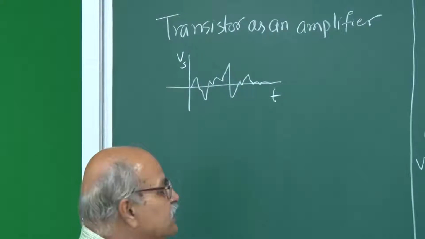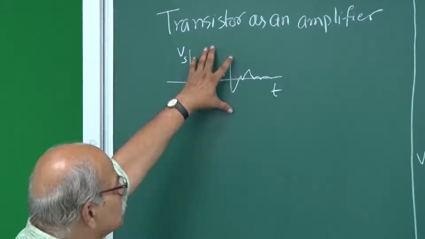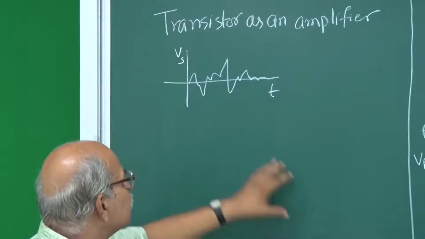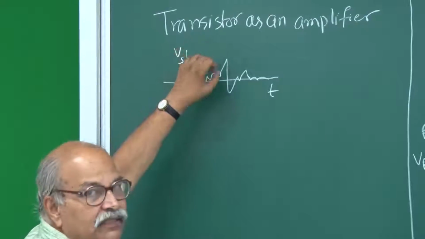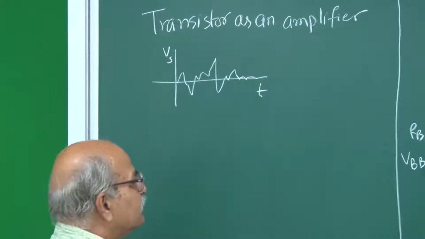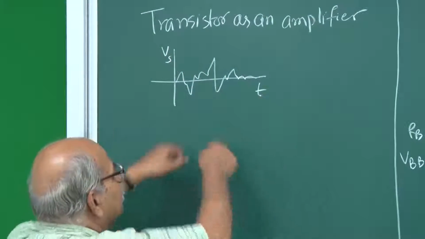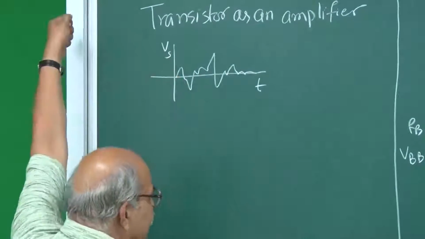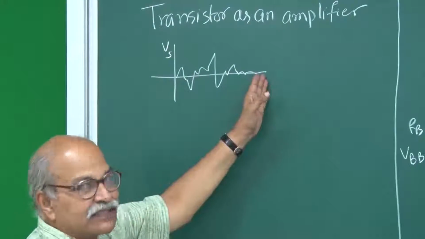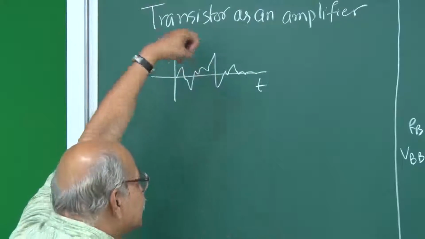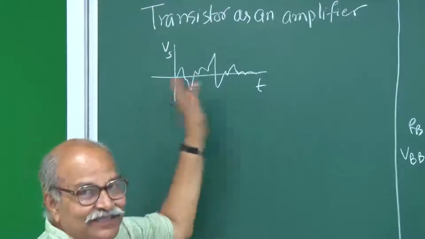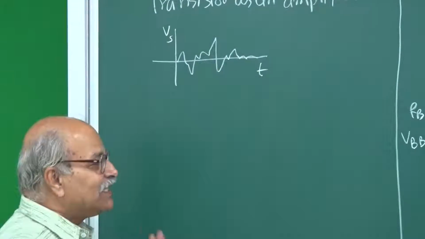And what we wish is that a similar signal is generated after amplification, only these amplitudes are now larger. So, if you have, let us say, a JPG type of picture, you just stretch it in the y direction, and these amplitudes are increased while the time axis remains the same. So, that is how we need it.